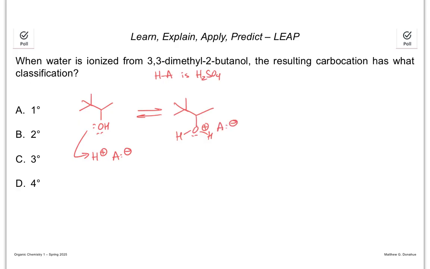So when we do that, protonated oxygen is called an oxonium ion. So oxygen plus, and then we still have that conjugate base A minus that balances the charges.